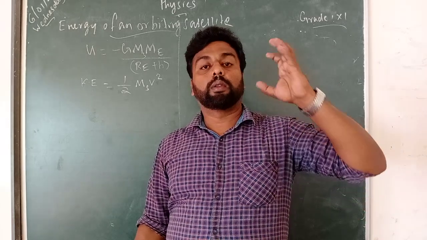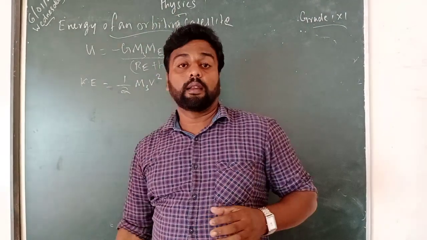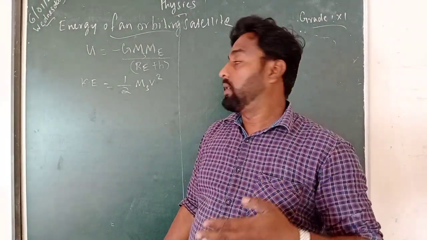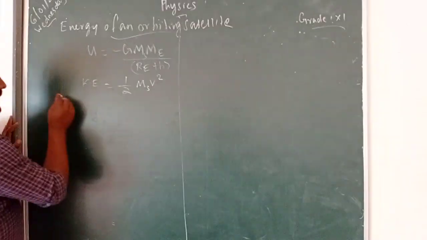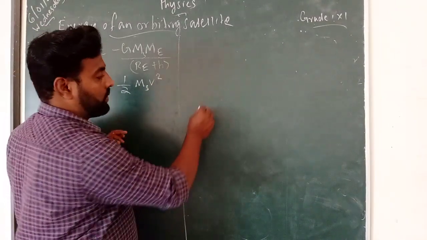Now we have to find out the total energy used to orbit the satellite. It is one of the important 3-mark questions. Very simple derivation. To find this total energy, before that we know this v value.